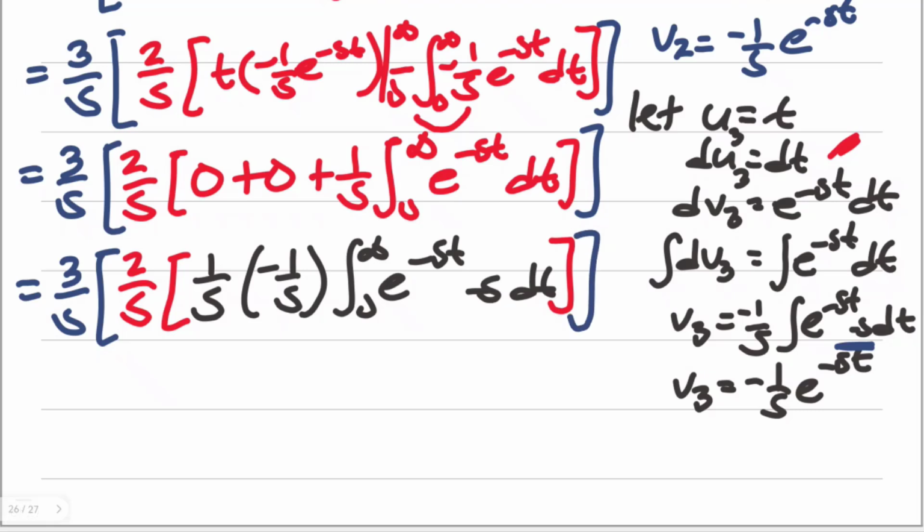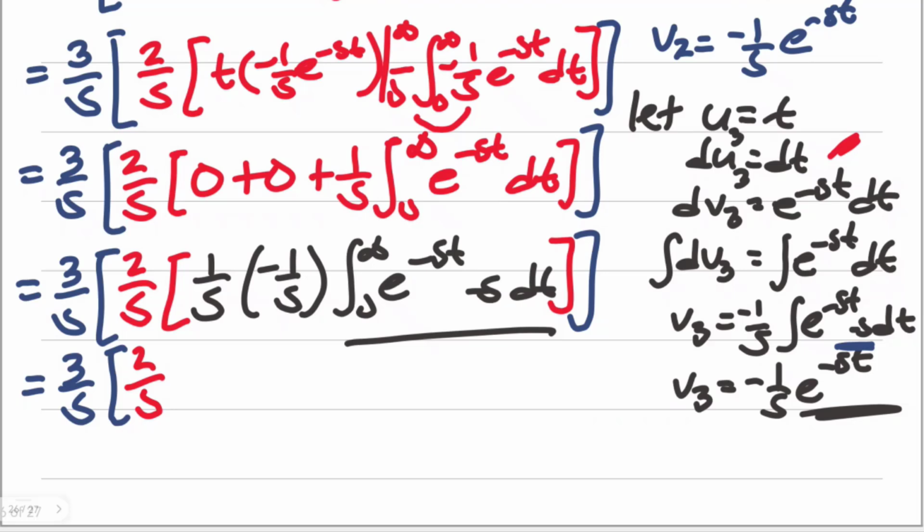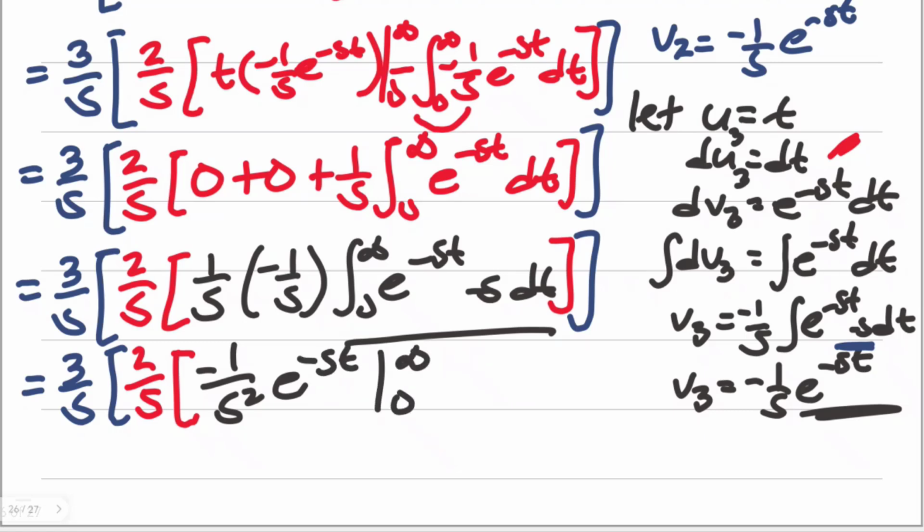So the integral of this is simply this one here. So what will happen now for the final form, not yet the final form, is 3 over s, 2 over s, and this one here is negative 1 over s squared of e to the power of negative st, from 0 to infinity. So you have here red and blue.